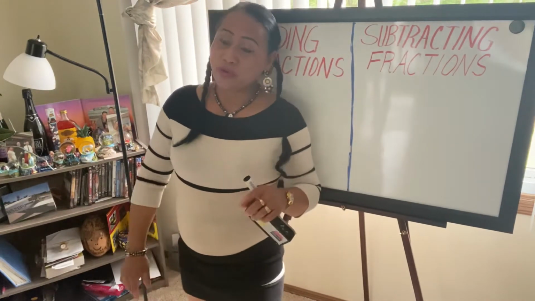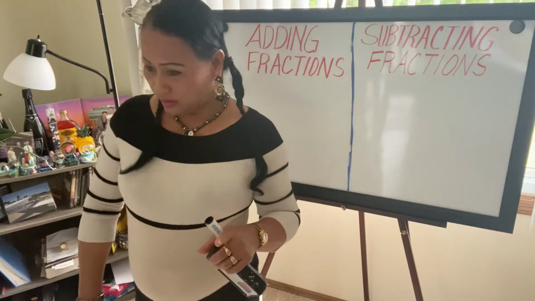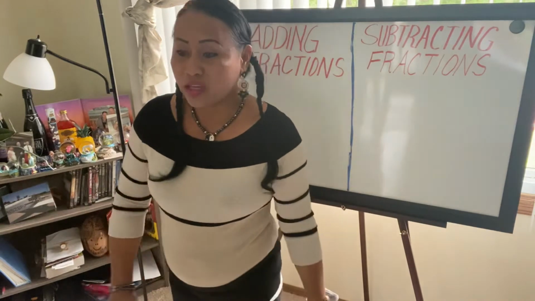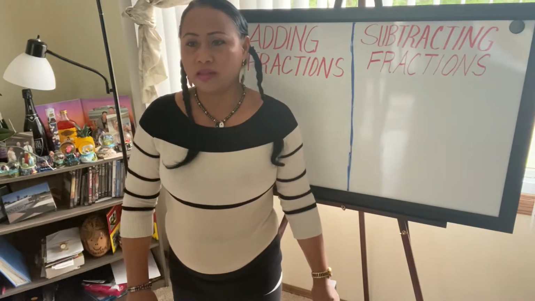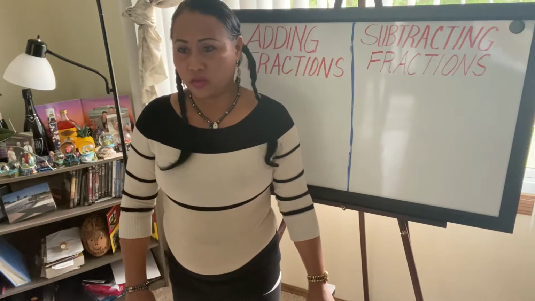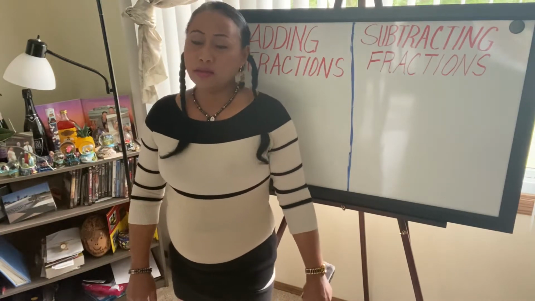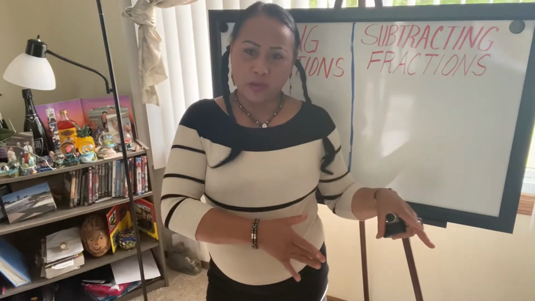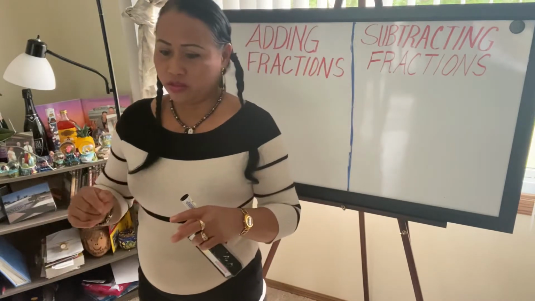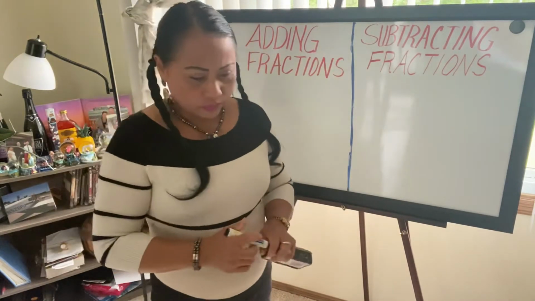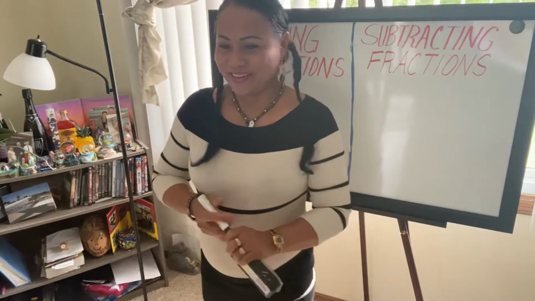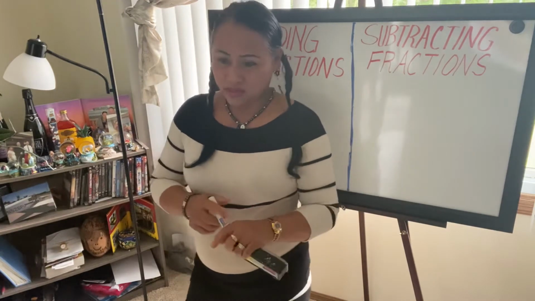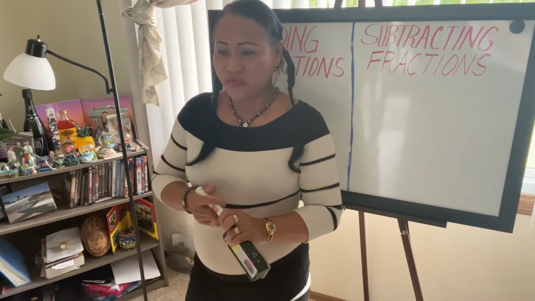Okay, the improper fraction is, the numerator is always greater than the denominator. Okay? And then the mixed fraction has a whole number plus a proper fraction. Okay? So, now you know already the differences of these types of fractions.